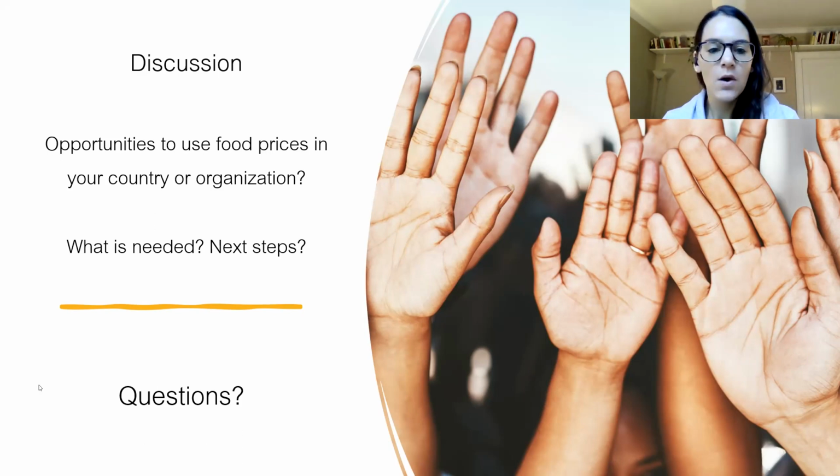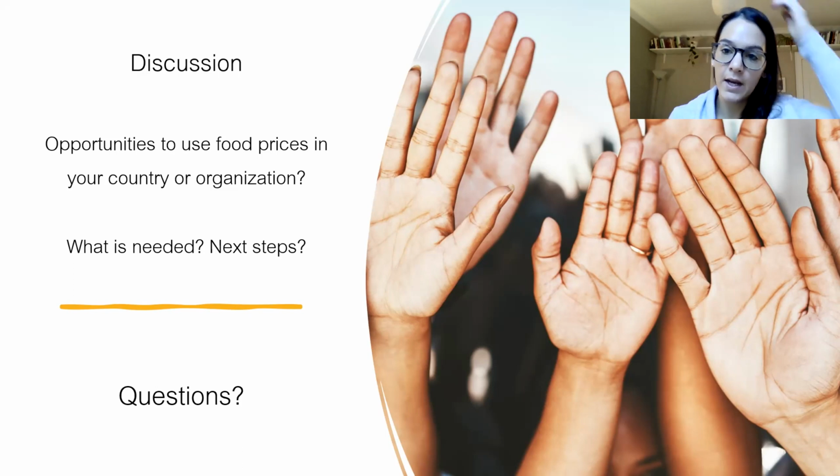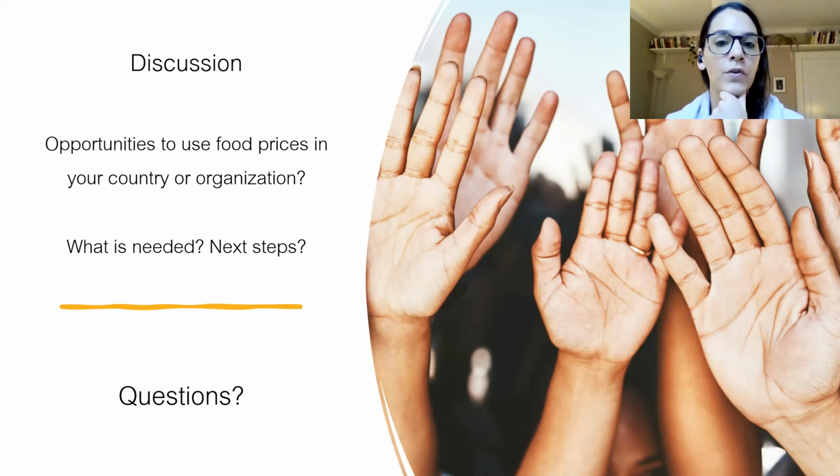Okay, no thoughts. Well, I guess I can talk a little bit about what we view as needed on our side from the Food Prices for Nutrition project, because I think, as I've mentioned here, the methods have been developed, but what we're working on now, among other things, are tools to help people calculate the cost of a healthy diet. So some of those are available on our website, but those also include a database which will be used to translate dietary guidelines into the recommended amounts which are needed per person per day.